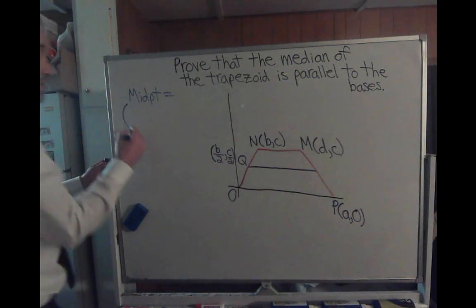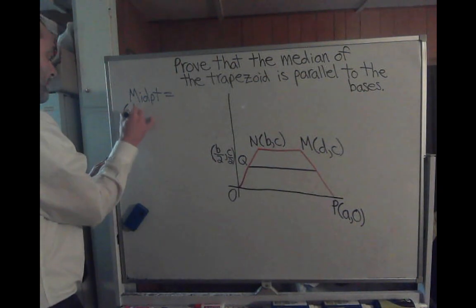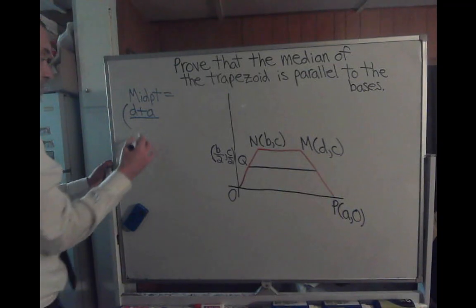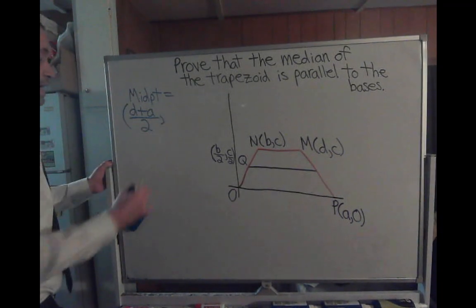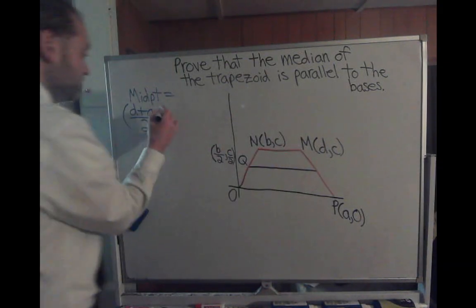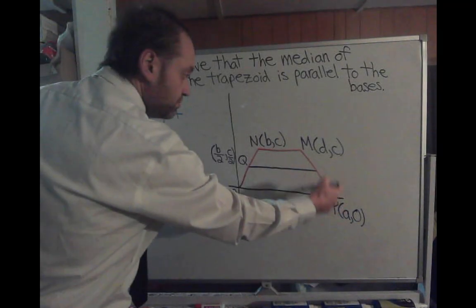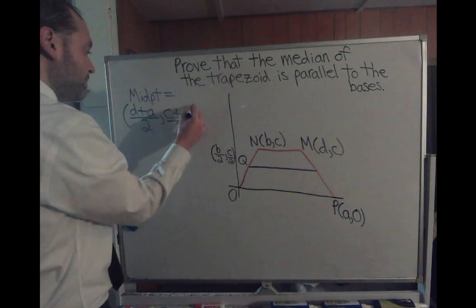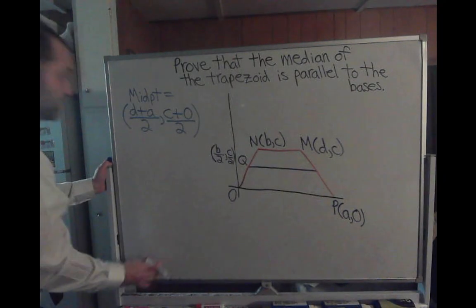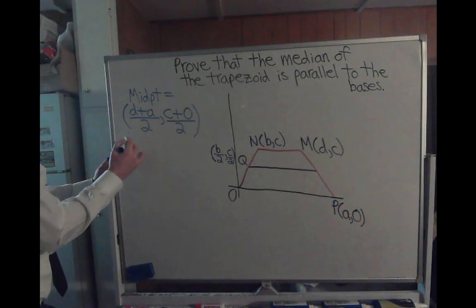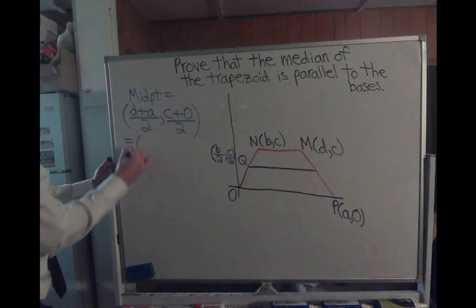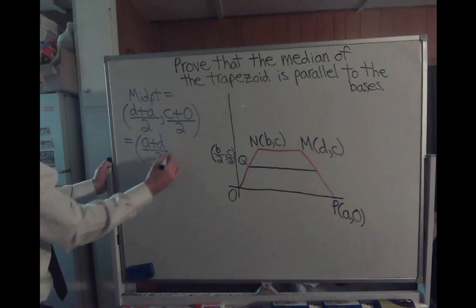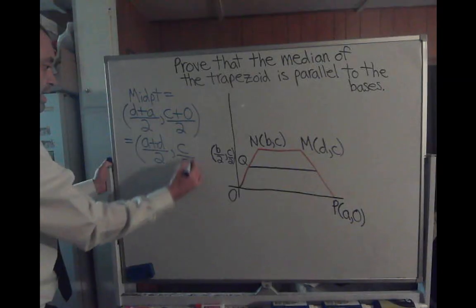So you'll take your x1 of D plus your x2 of A all over 2, and then your y1 of C plus your y2 of 0 all over 2, which would then end up giving you, for your midpoint, and I like to have these in alphabetical order, A plus D all over 2, and then C over 2 for the y coordinate, right?